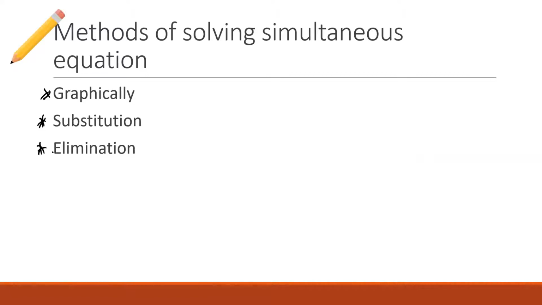Those are the three ways to solve a simultaneous equation, or a pair of simultaneous equations. And we're going to explore each of those today. I'm going to start with graphically, and then we're going to build up to substitution and elimination. And then by the end of it, we're going to probably have a quick talk about, out of these two, which one's better.